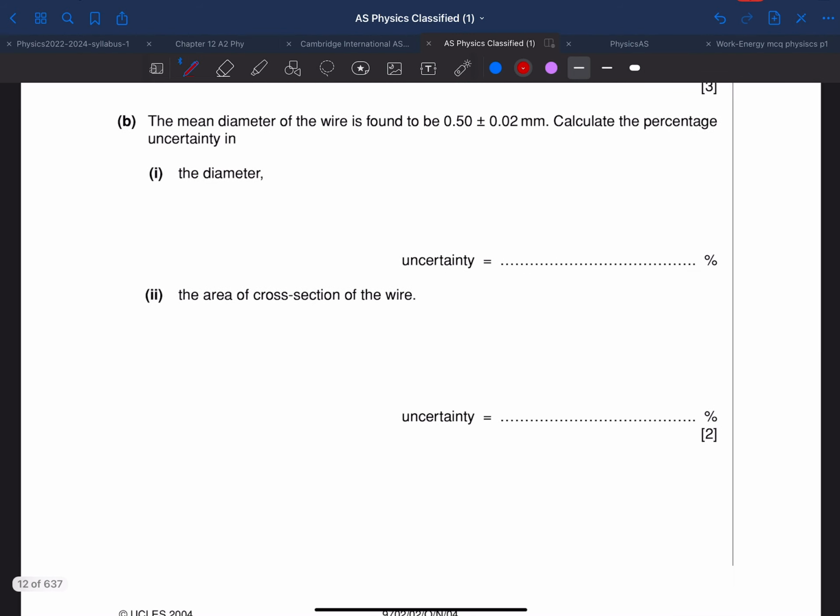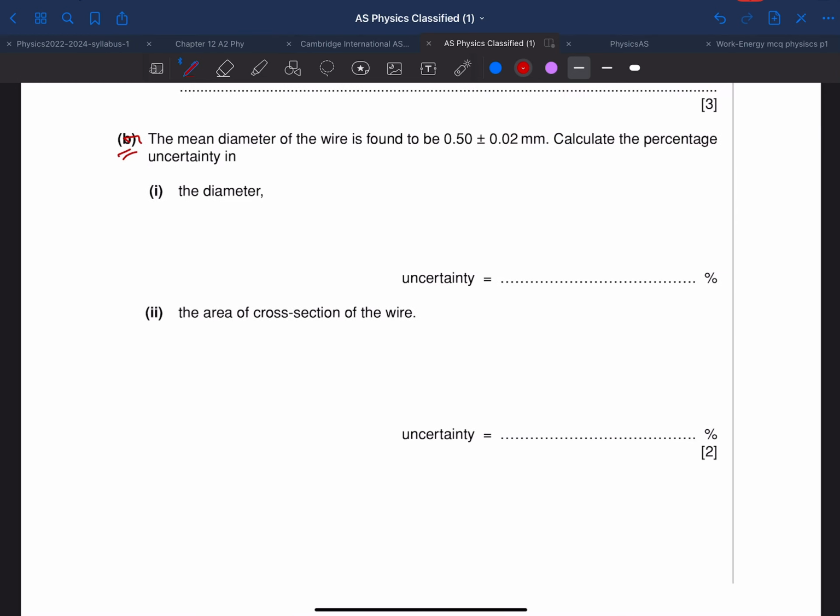Now we are going to the uncertainty part. In part P, the mean diameter of the wire is found to be 0.50 plus minus 0.02 millimeter. Calculate the percentage uncertainty in the diameter. Remember, here they have given you directly the value of the diameter with the uncertainty. So you have to recall the formula of the percentage.